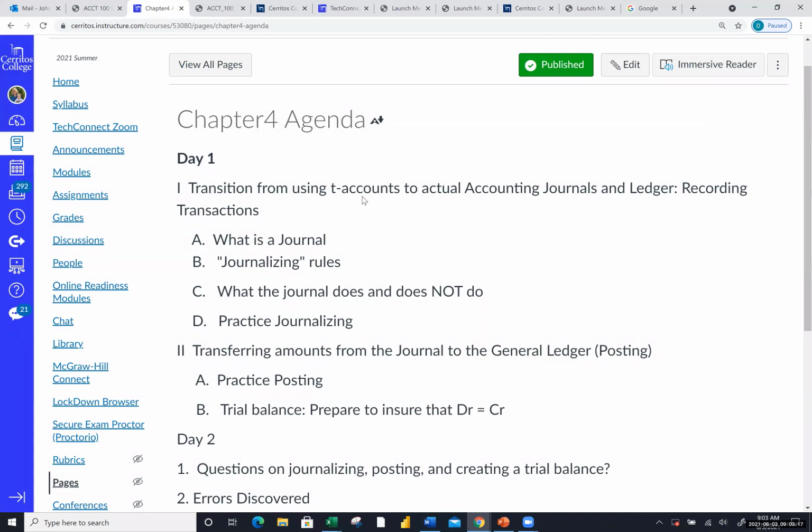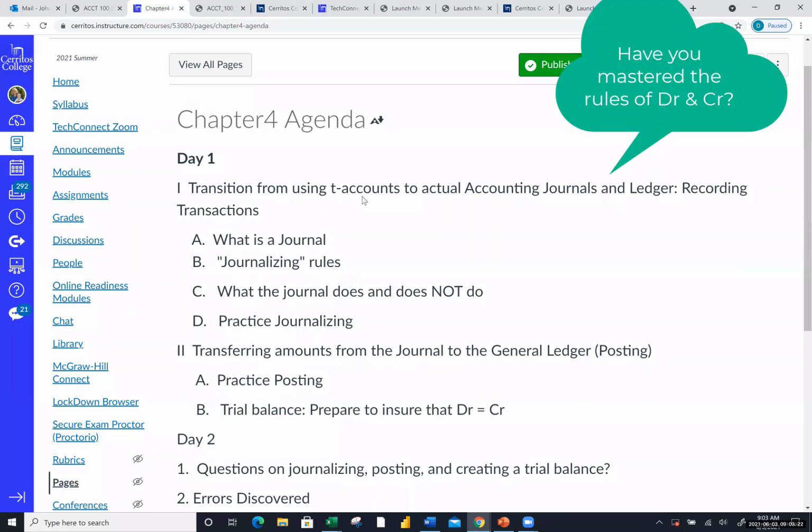If you've done well on chapters 1 through 3, if you have those rules of debits and credits down, if you can go through a transaction, understand where it fits under the accounting equation, and you've worked and worked at the chapter 3 homework, and you know how to debit and how to credit things, this chapter is going to be extremely easy, because we're going to use the same mental mechanics we've been using for chapters 2 and 3, but instead of using T accounts, which are learning tools, we're going to transition today into real life documents called accounting journals and accounting ledgers.